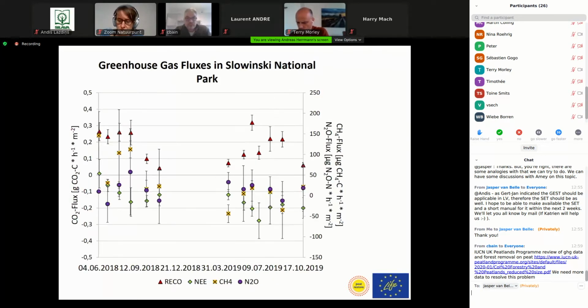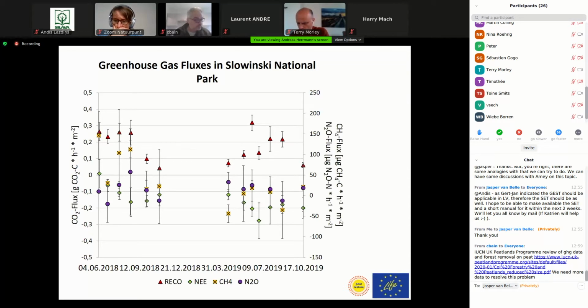And here in our measurement in Slovinsky National Park, you see we also have a big standard deviation, but it's clear because we measure from the beginning of the day until late afternoon. So we have differences also between the plots. And we hope we have in the end a good annual value.